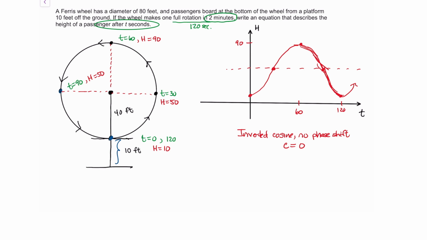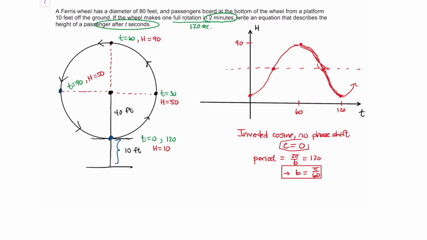This is great. And that also means that the a value is negative. Okay, so looking at the particulars here, the period is 120. But we know that period is 2 pi over b, and that's equal to 120, which means that b is equal to 2 pi over 120, which is pi over 60.